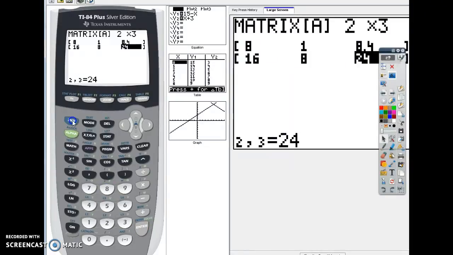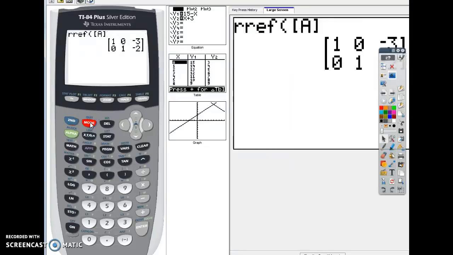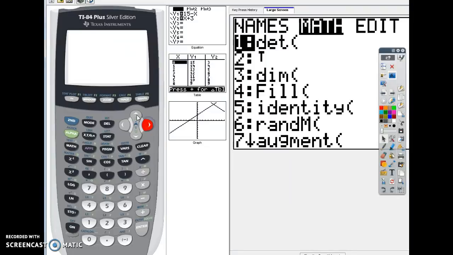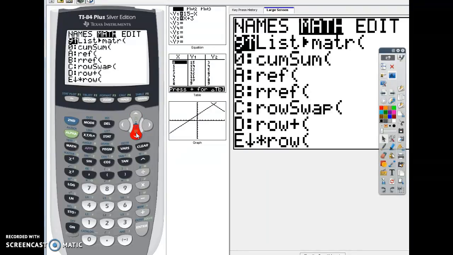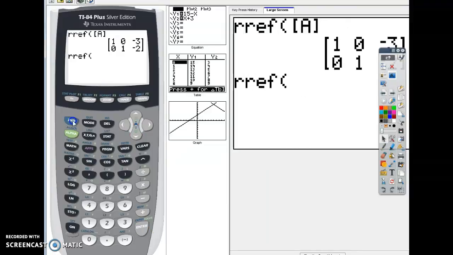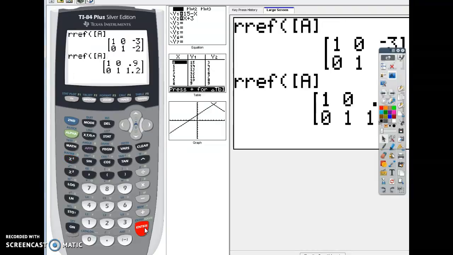Once you finish, you do second quit. Second matrix, go back in there, do math, RREF. Enter one time, and then second matrix, enter. Enter will give you the answer.